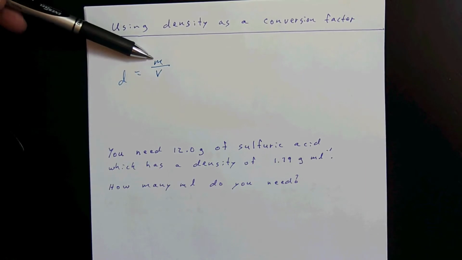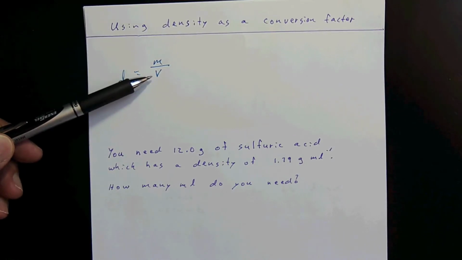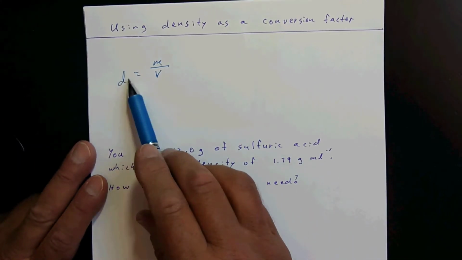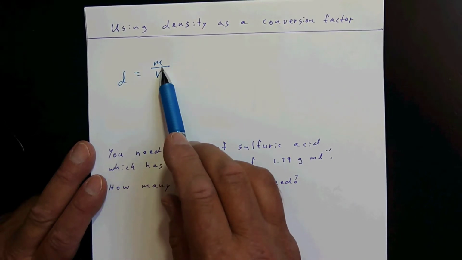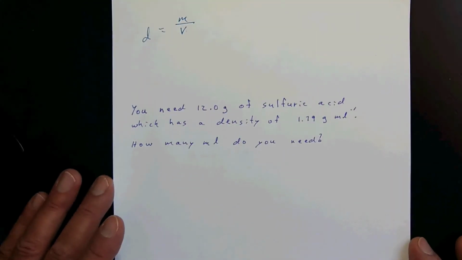So if you happen to know the density of something, and you know how much it weighs, you know its mass, you could solve for the volume. Or if you happen to know the density and the volume, you can solve for the mass. It's just a little bit of algebra. Now, algebra is great stuff, but you can work most density conversions without doing any algebra at all. So let me show you an example here.